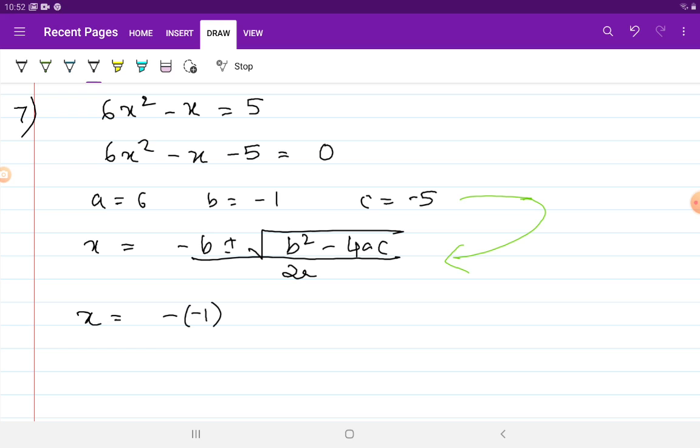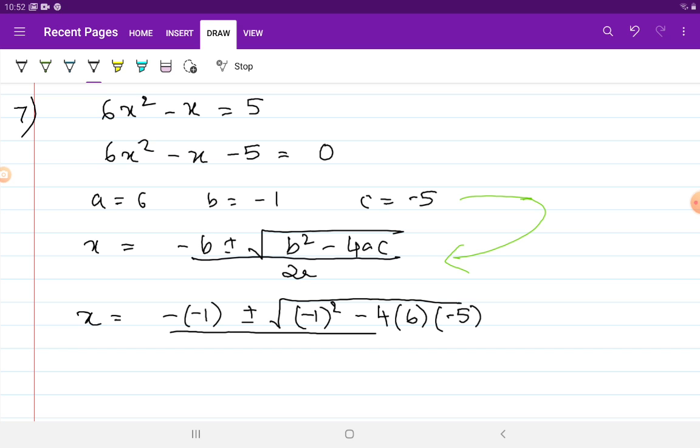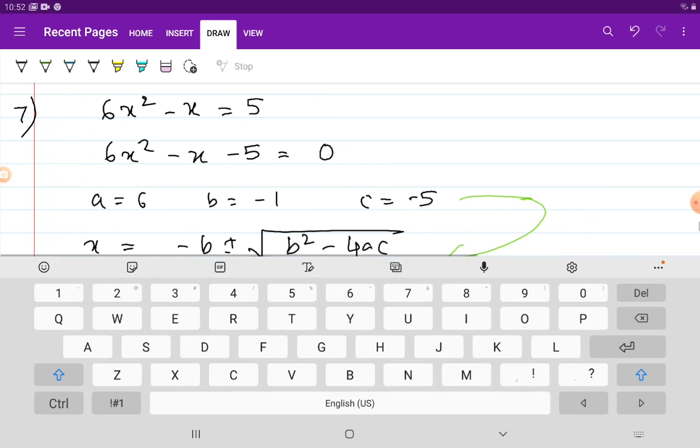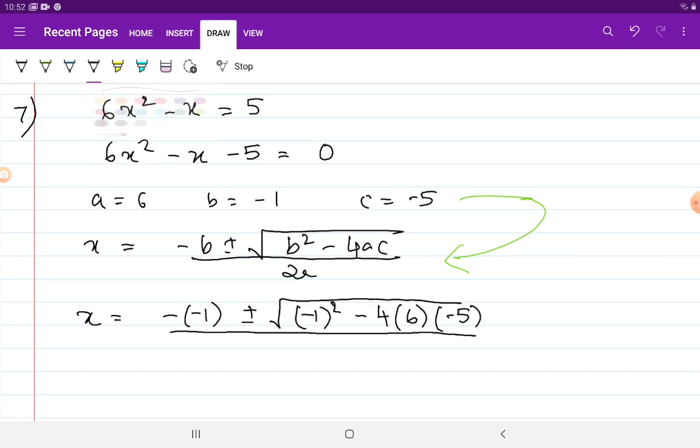Remember, that will become plus 1, plus or minus root under b square, minus 1 whole square will be positive 1, minus 4 into a, which is 6, into minus 5, divided by 2 times a, which is 6.